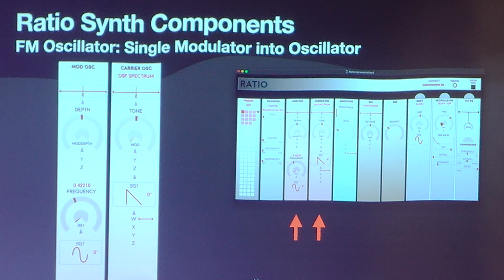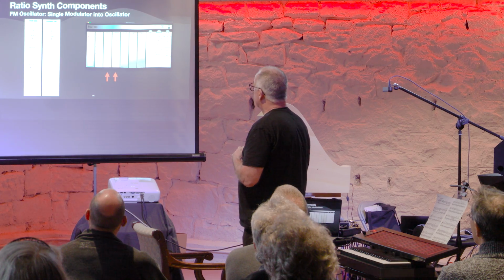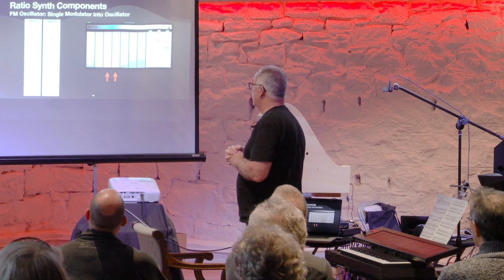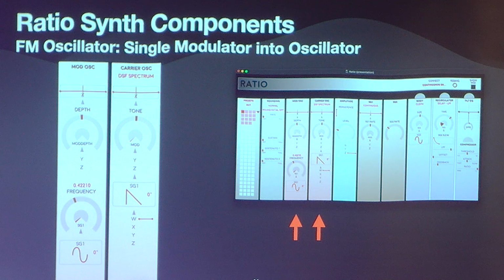So here we have the oscillator section of this synthesizer. And it's very straightforward: modulation oscillator, carrier oscillator. The main thing is that on the left-hand side, you see the modulation oscillator. It's got a depth setting, and that's the amount of modulation that goes from the modulator to the carrier.